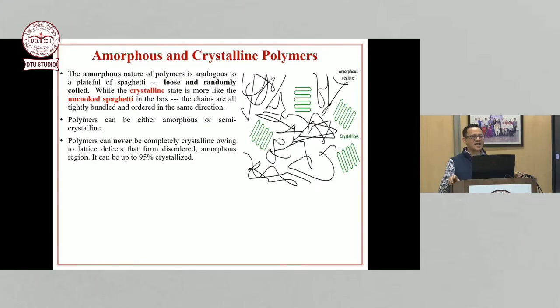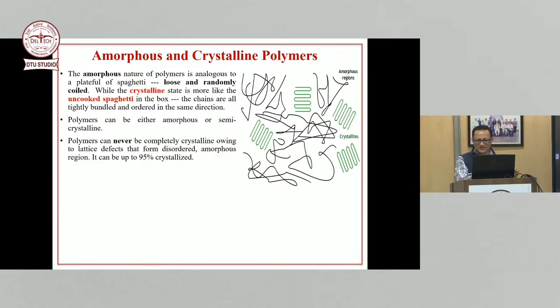How you can think about polymers is, you can imagine spaghetti or noodles, and some are cooked and some are uncooked. Cooked noodles are amorphous and uncooked noodles are crystalline, and they are mixed together in a bowl. That's a semi-crystalline polymer. A 100% amorphous polymer does not have uncooked, it's all cooked noodles together.